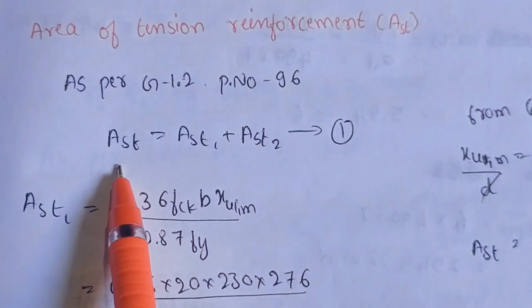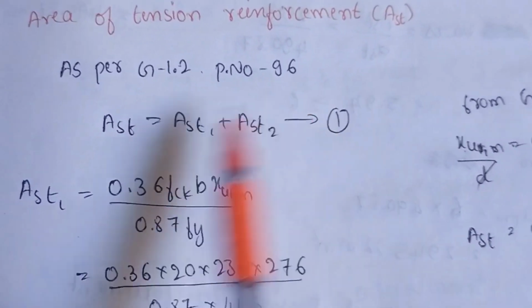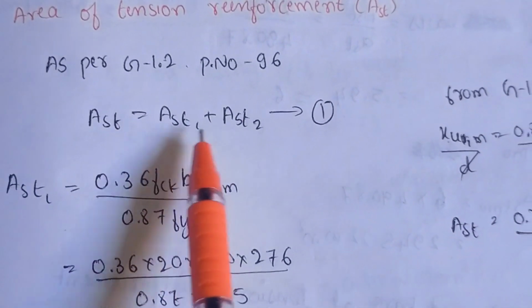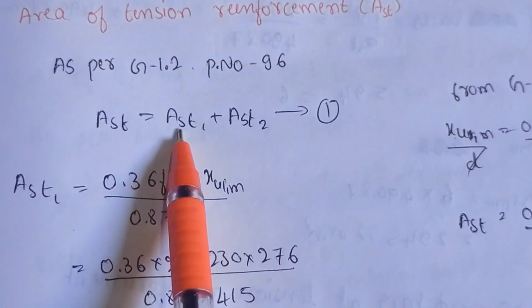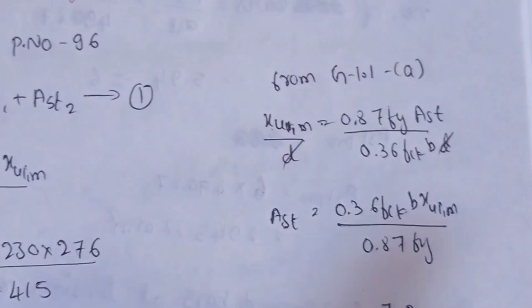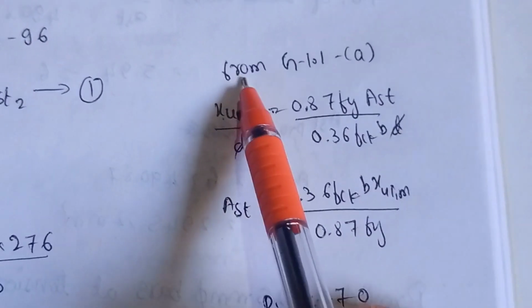I have written the same formula which is given on page number 96. That is AST is equal to AST1 plus AST2. For AST2, they have given the formula, and for AST1 I am using the one I have just shown in the codebook.